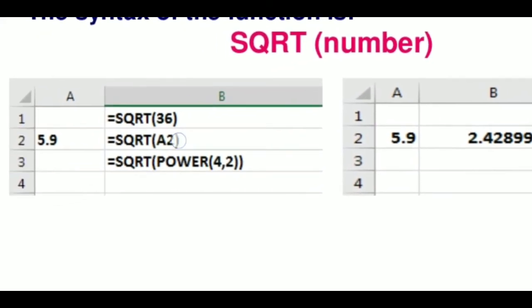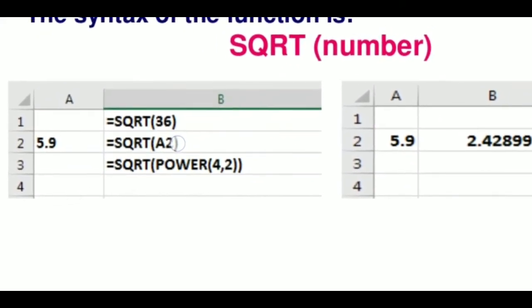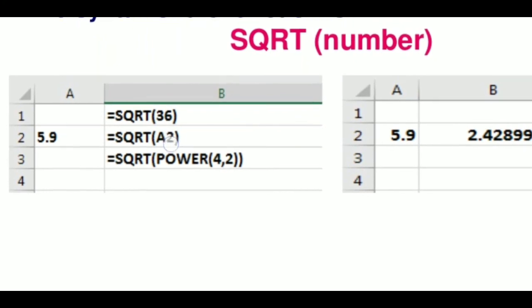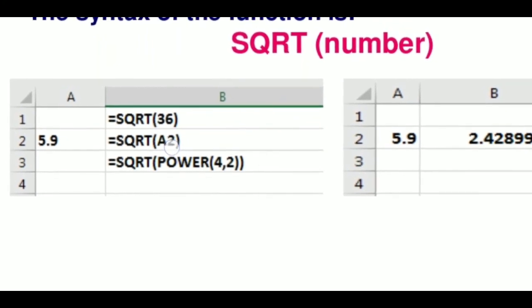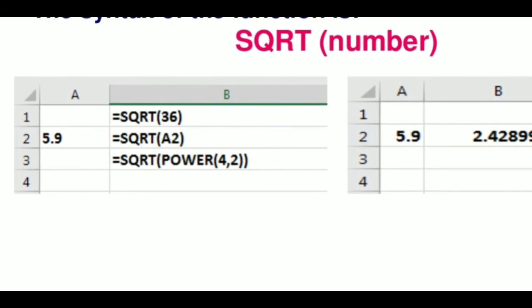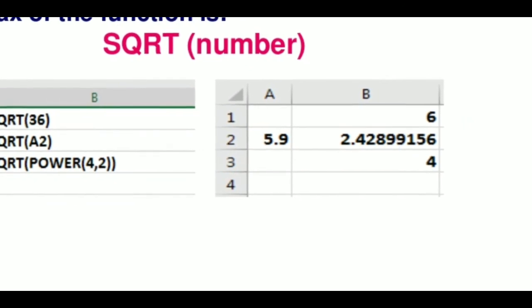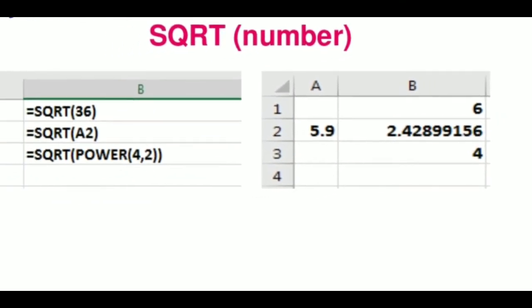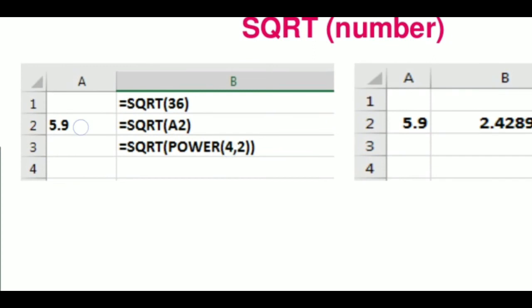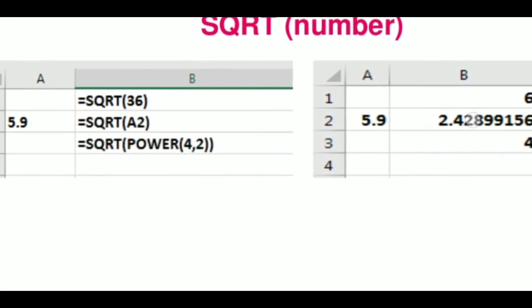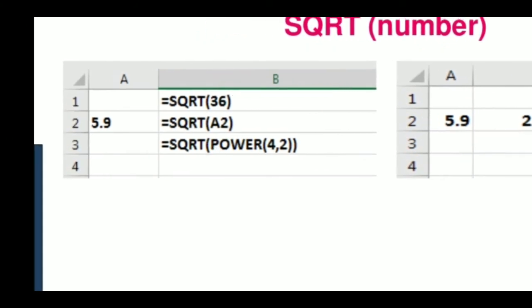And we can also supply here in bracket cell reference. Here we have written equal to SQRT and A2. You can see here in A2 we have 5.9 and the result of this value will be 2.4899156.